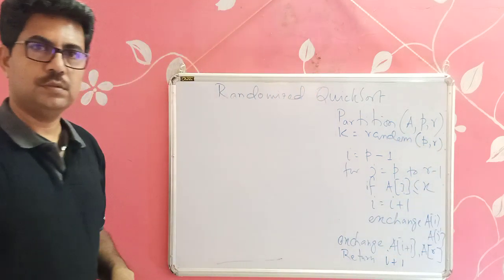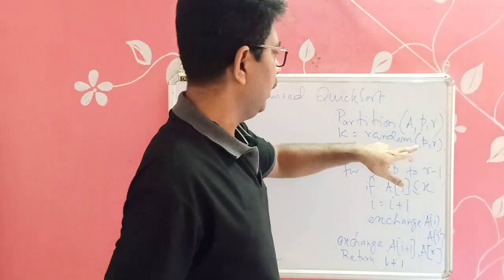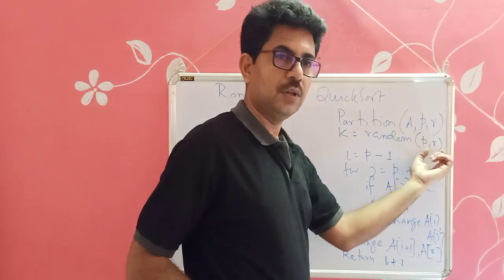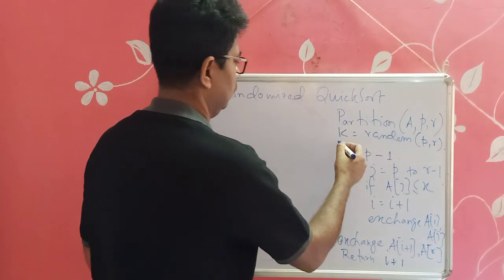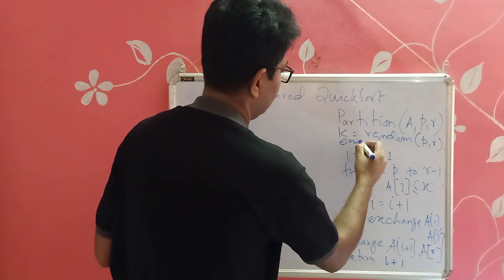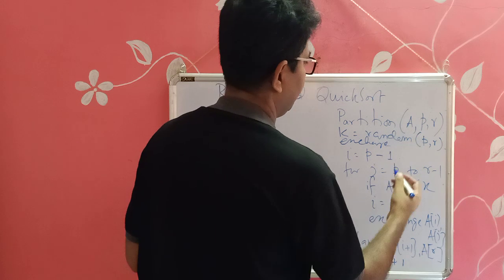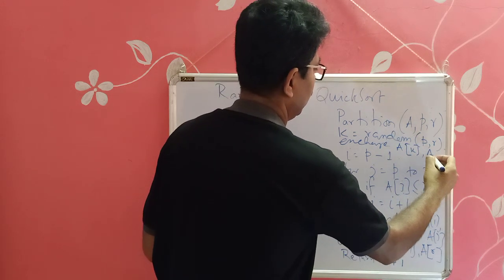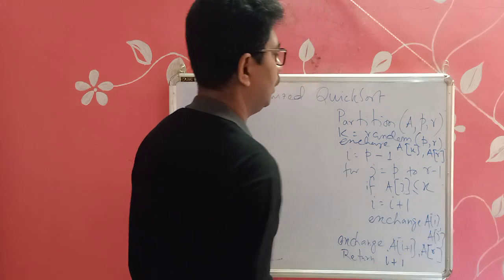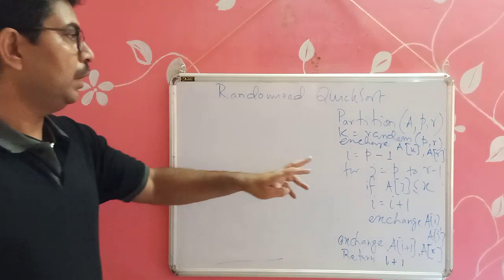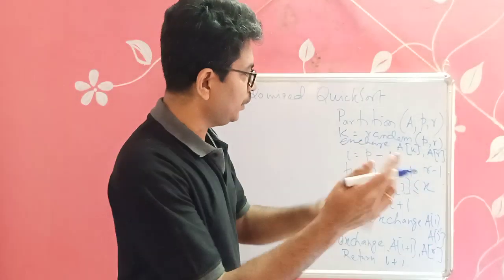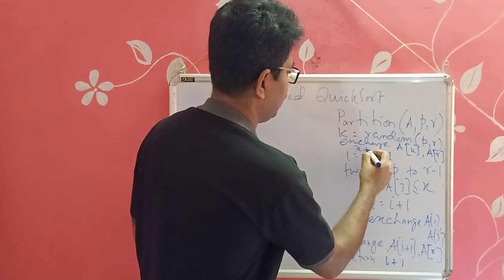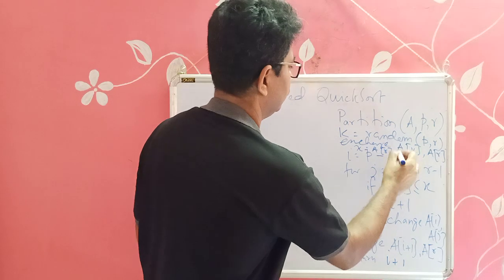That means we will choose any random value within the range p to r, and we will interchange the positions of A[k] and A[r]. Then we will consider x equals A[r].